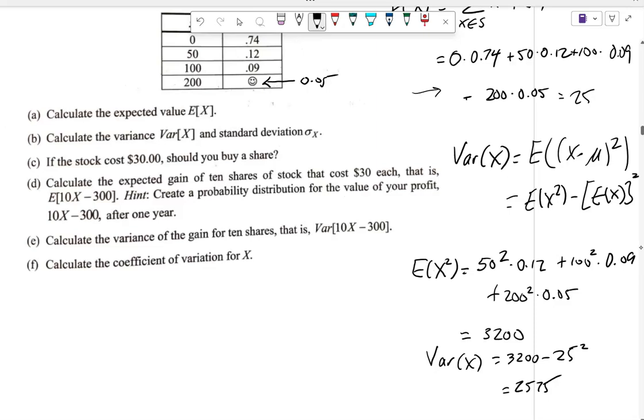All right. This one is a little bit different. They're telling you a different way to calculate it, but I wouldn't do it this way. I would use your properties of expectation instead, because we've already talked about that.